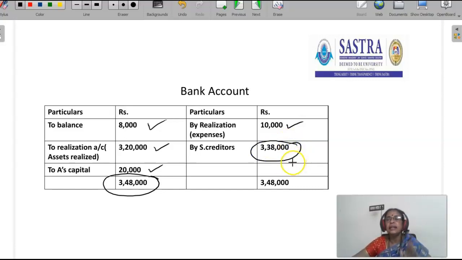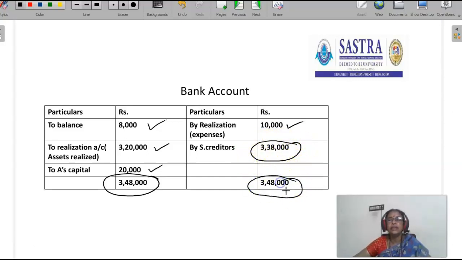The entire 3,38,000 should go into the hands of the sundry creditors. They have to use the entire amount to settle the liabilities of the third party in this case.